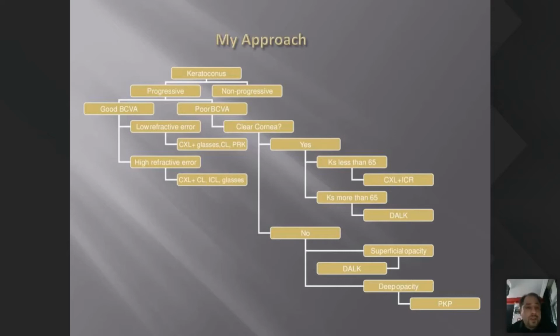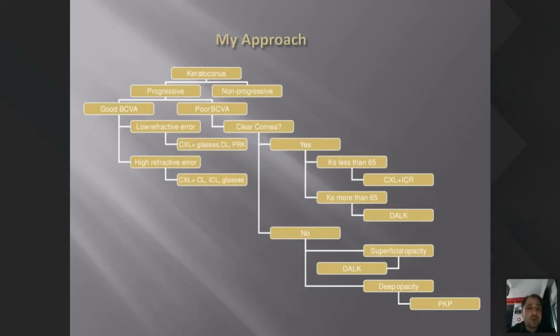So the first question that you have to ask yourself whenever you face any patient with keratoconus in your clinic is: is your patient progressing or not? That's a very important question because the whole plan of action will be different if the patient is progressing, different from the patient that's stable and has a stable cone. You have to answer this in the first visit that you see the patient.